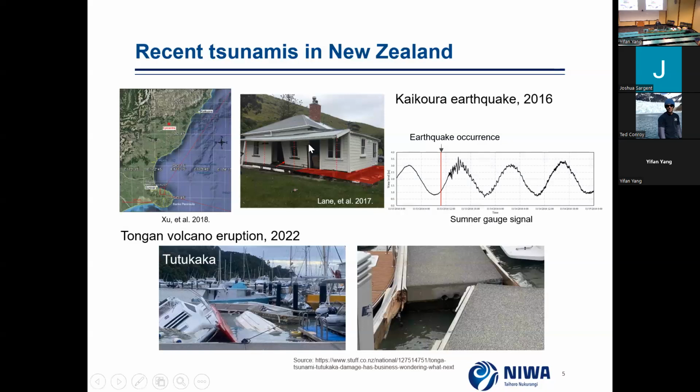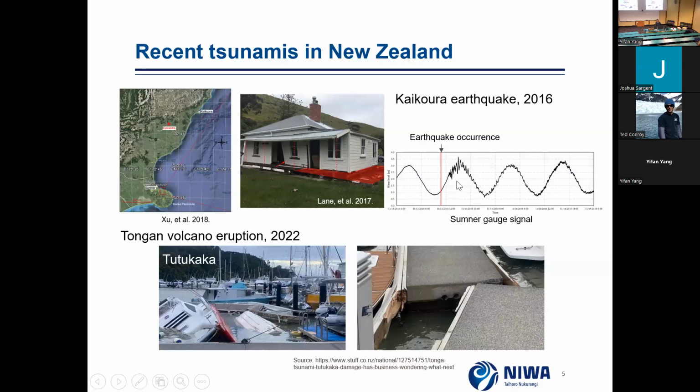So this cottage is on the head of Little Pigeon Bay, which was damaged by the tsunami flow due to this event. So this tsunami was caused by the earthquake. Some evidence also suggests that an underwater landslide also contributed to this tsunami.